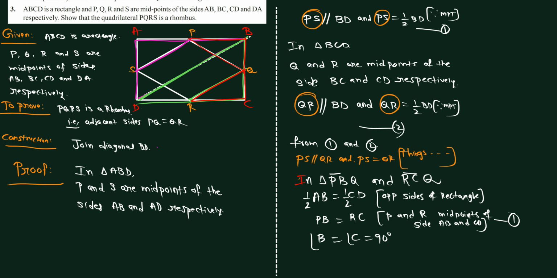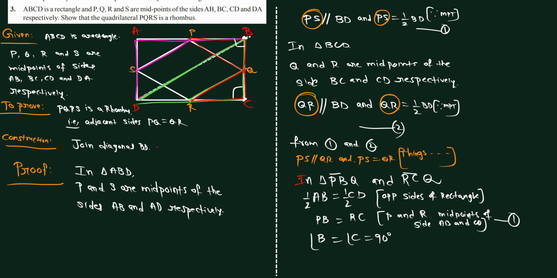Okay, already it is a rectangle, so in the rectangle angle B is equal to angle C, which is equal to 90 degrees. Vertex means C is the vertex and B is also a vertex. And what is this angle? 90, and this is also 90. Okay. So angle B equal to angle C equal to 90 degrees.